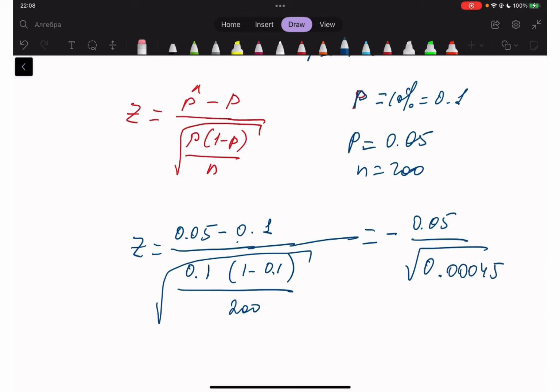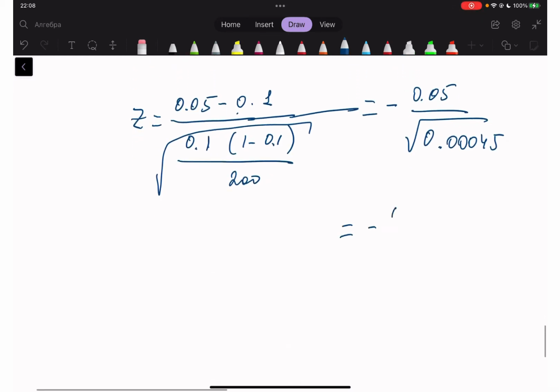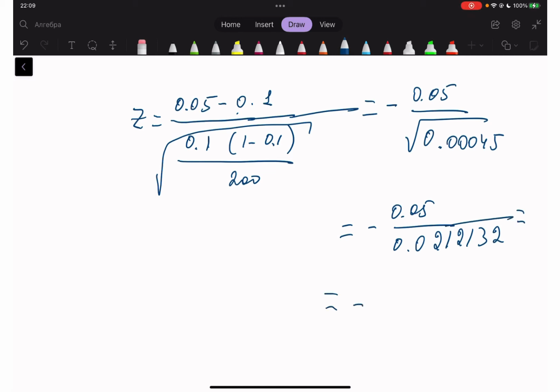So if we take the square root of it, we are going to get negative 0.05 divided by the square root, which is 0.02123132. See, don't round it until you get the final answer. 0.05 divided by 0.02123132, and we are getting negative 2.3570.